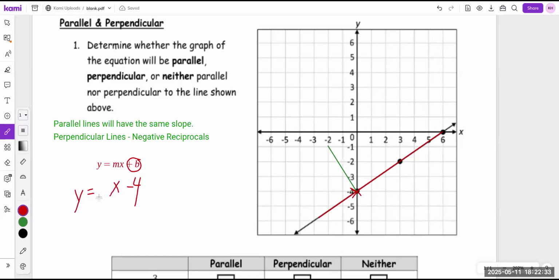Okay, so we know the x and the y are going to change, right? In this spot right here, x is 0, y is -4.